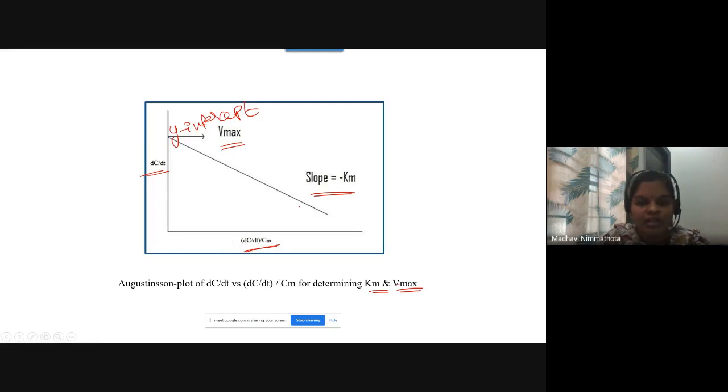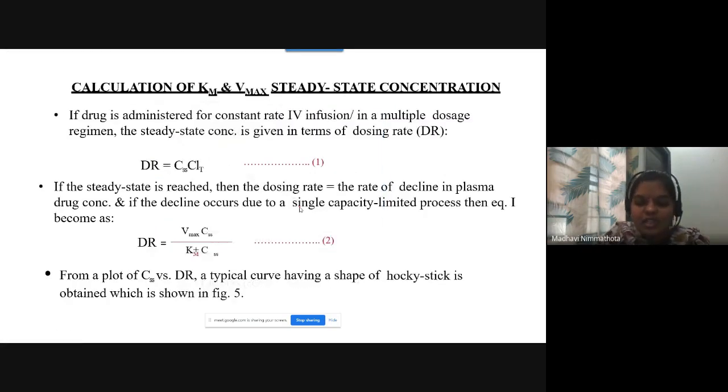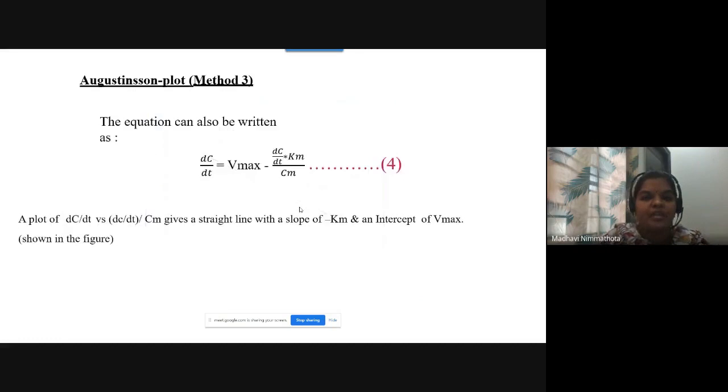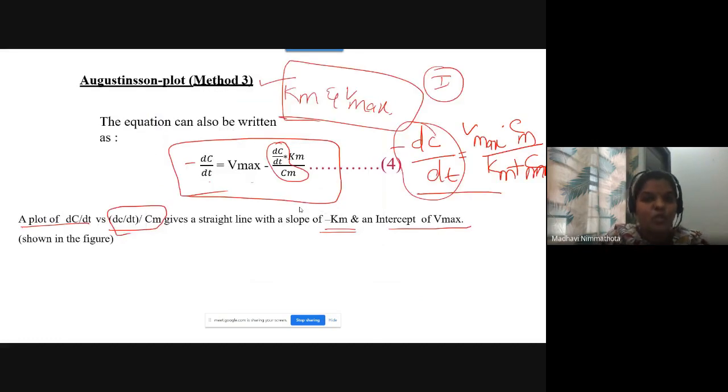You have to write it down as it is. So these are different or alternative methods which clearly explain how to determine the theoretical maximum of the rate process, that is Vmax, and the Michaelis-Menten constant, that is Km. These three methods are useful as alternative methods.